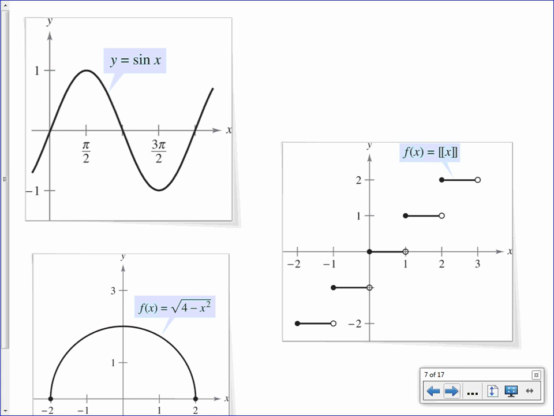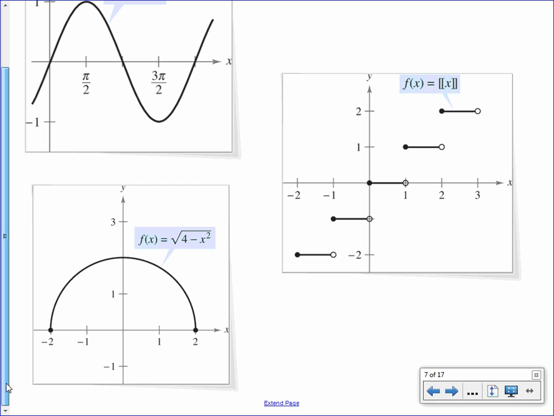We can say, okay, so let's look at this graph down here, right? This semicircle, okay? We could say that this is continuous on the closed interval from -2 to 2. We can say that because those endpoints, we don't have any other graph after it.